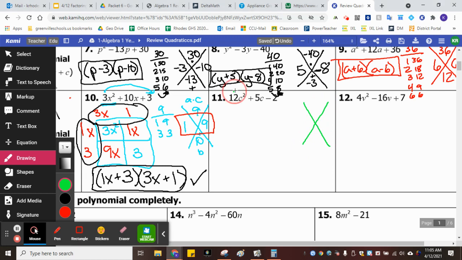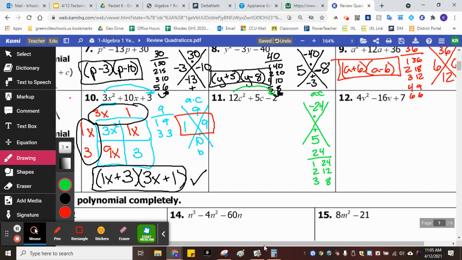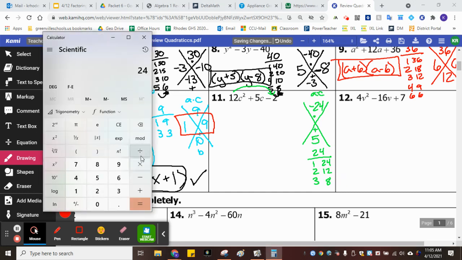So what multiplies 12 times negative 2, which is negative 24, multiplies to AC and adds to 5. 1 and 24, 2 and 12, 3 and 8, 4 and 6.